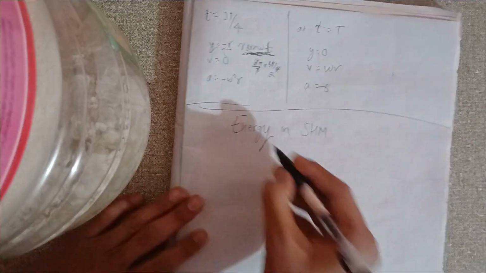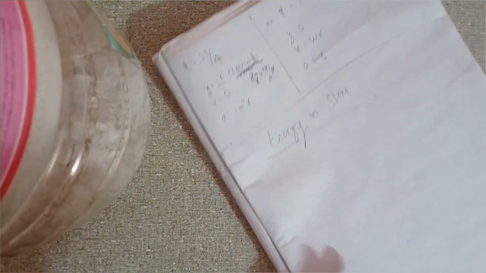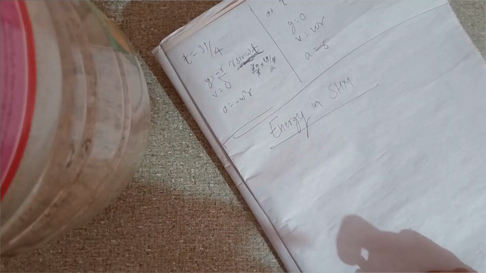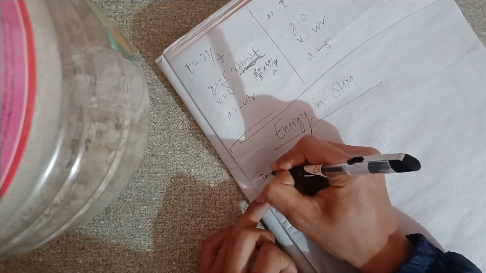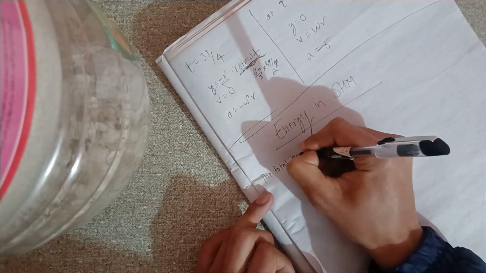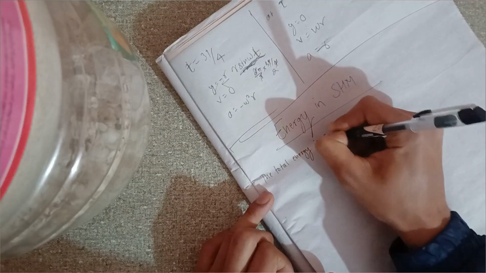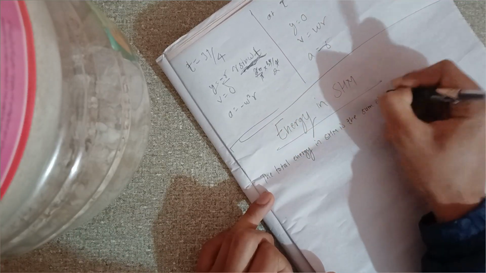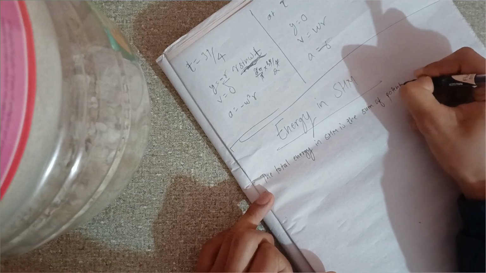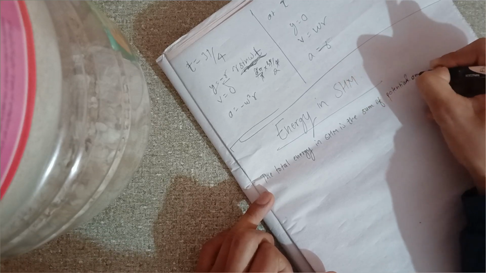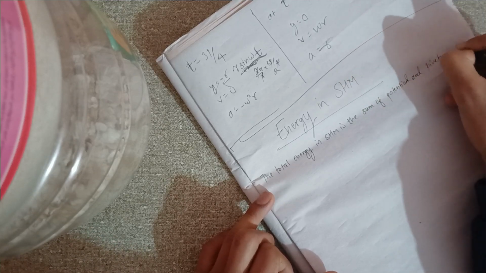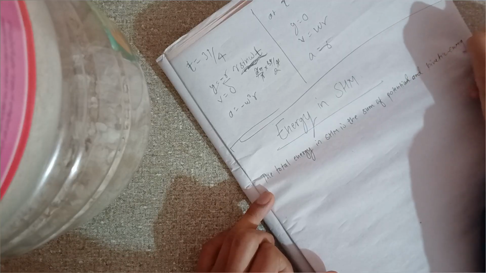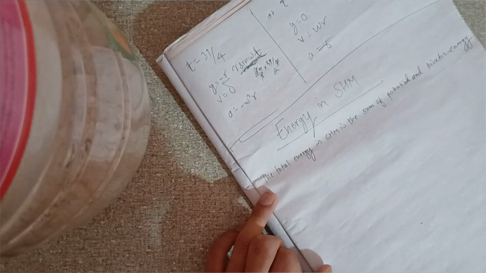Energy in SHM. The total energy in SHM is the sum of kinetic and potential energy.